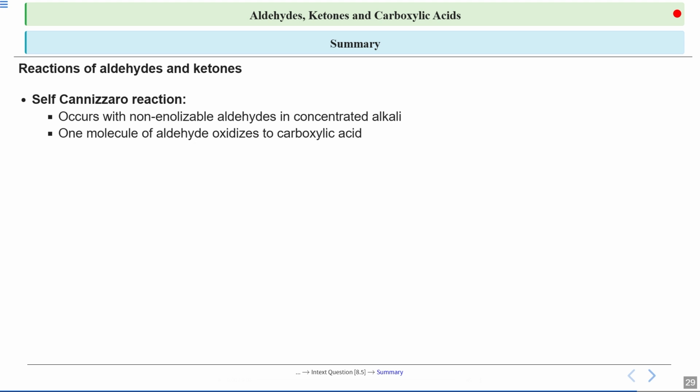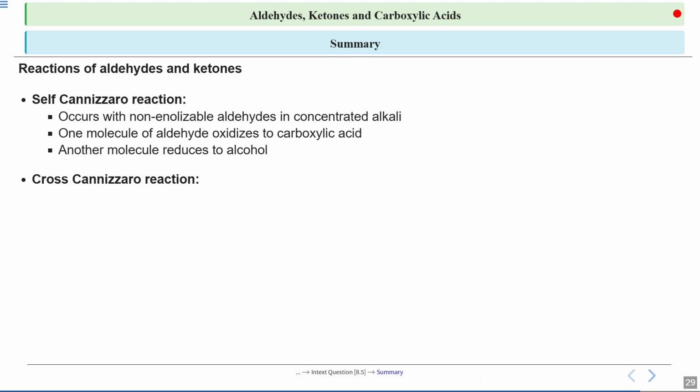One molecule of aldehyde is oxidized to carboxylic acid, where the aldehyde gains an oxygen atom, and another molecule is reduced to alcohol. So in self-Cannizzaro you have two aldehyde molecules: one is getting oxidized to carboxylic acid and the other one is getting reduced to alcohol.